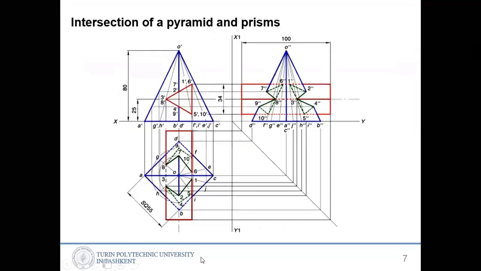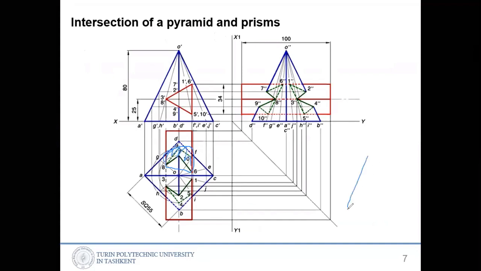So the task is like this. Let me show. You will be given two intersected bodies, and you need to find the intersection lines. These lines are not given, and these points and lines are not given.